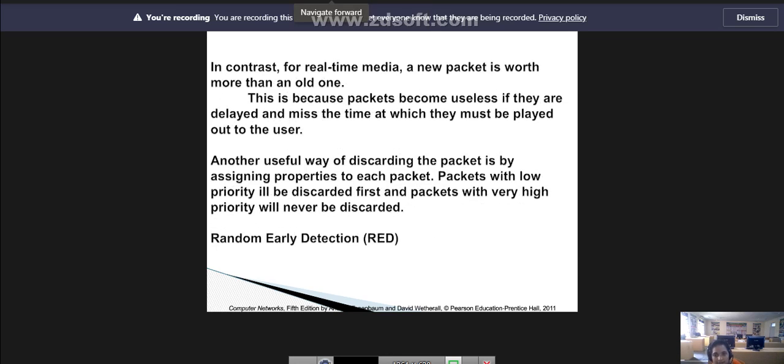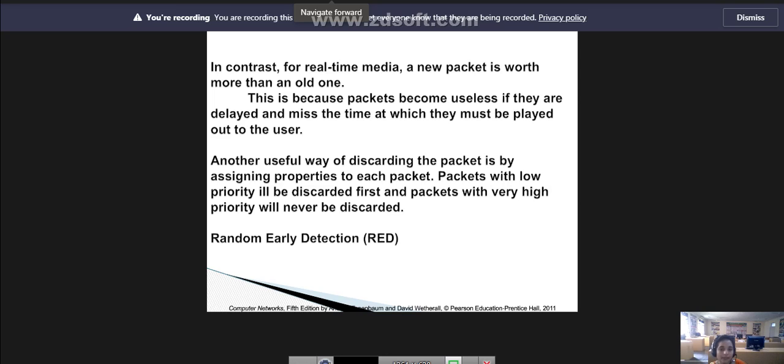Next, in load shedding, for real-time media, a new packet is worth more than an old one. This is because packets become useless if they are delayed and miss the time at which they must be played out to the user.